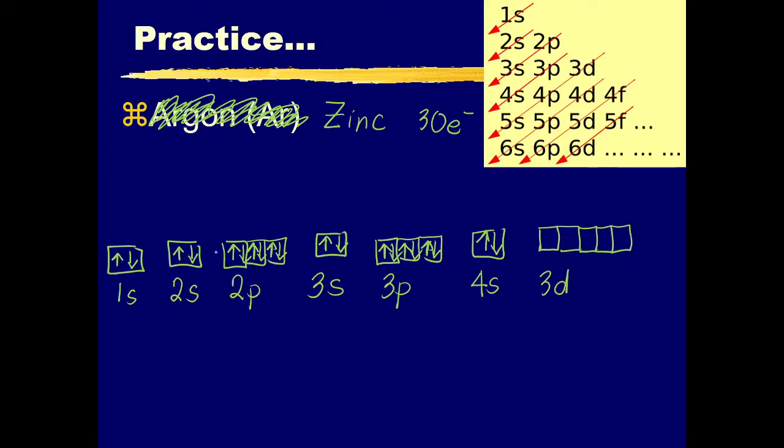So we continue counting up to 30. And that will be the orbital diagram of the element zinc.